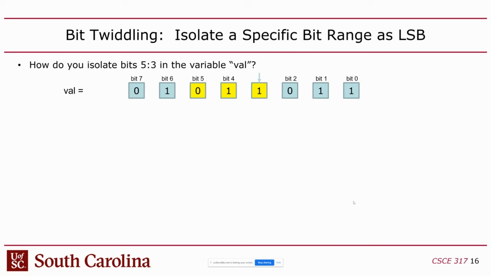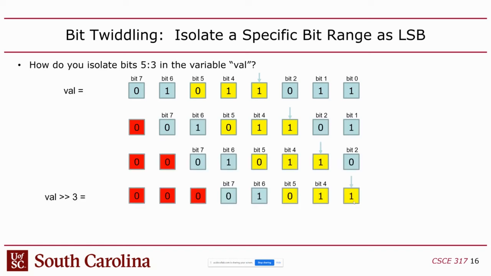This is Verilog style notation, similar to Python, but keep in mind that this is inclusive. So when you say 5:3, we're talking about bits 5, 4, and 3. So it's including both sides of the range there. That's important to remember. So how do I isolate those guys?